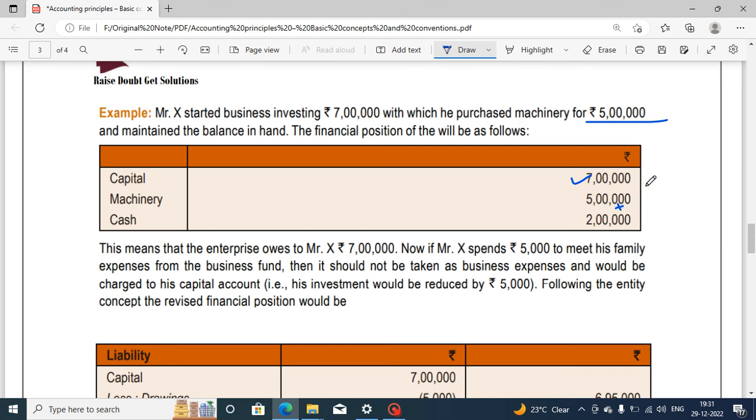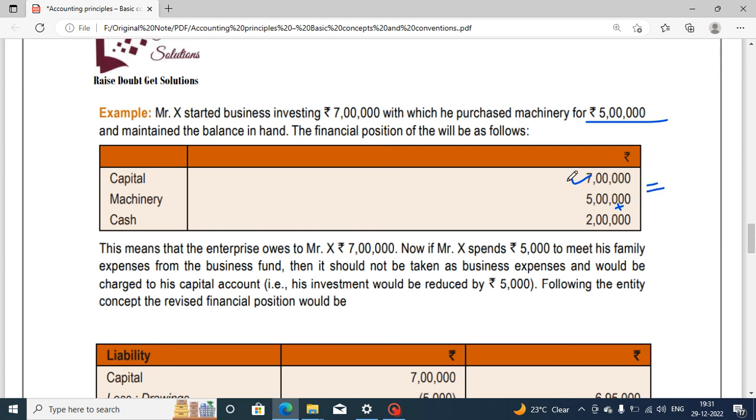Okay, so this is the account of owners. Capital means it is the claim of owners towards the business. Business received some money from owners and started business, investing in machinery 5 lakh, and this is the cash balance.